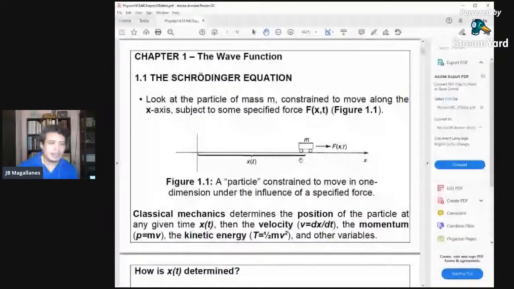Classical mechanics is able to determine its position at a given time by using the second law of Newton. And when the position is determined, it can also determine its velocity, the momentum, as well as the kinetic energy of the particle and any other variables you want to measure.